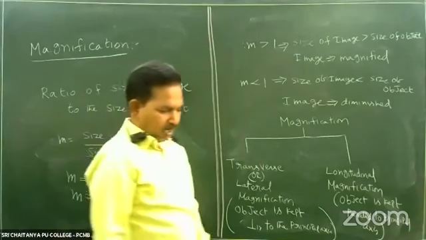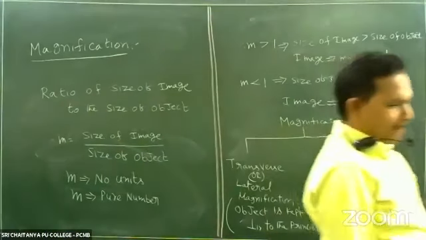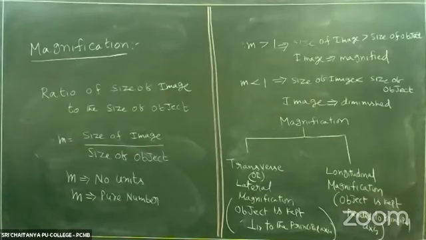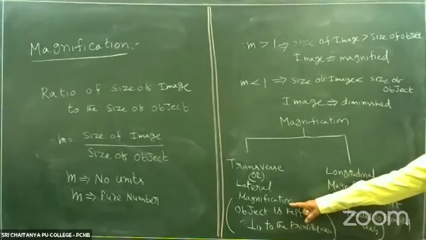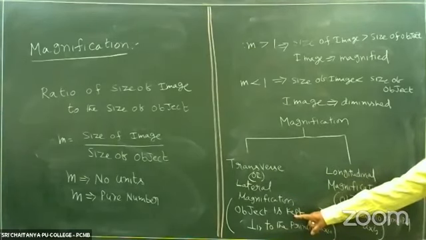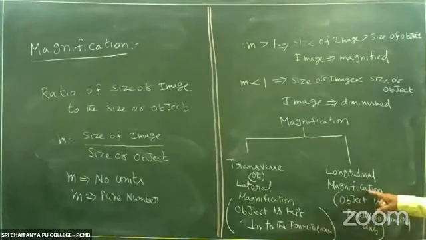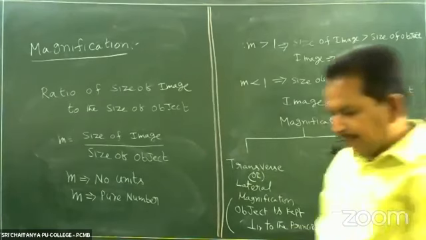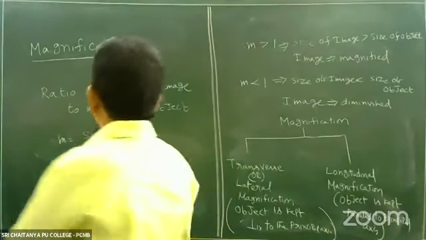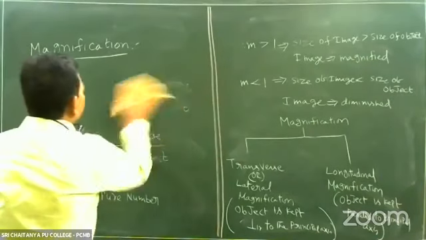Magnification is of two types. Lateral magnification and longitudinal magnification. In lateral magnification, the object is kept perpendicular to the principal axis. In longitudinal magnification, the object is kept parallel to the principal axis. Now let us come to the derivation part.